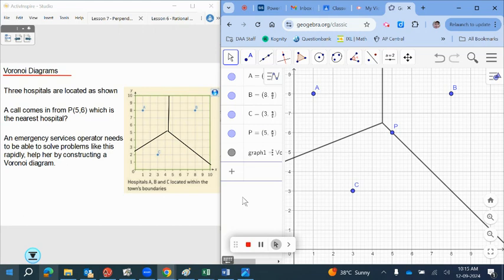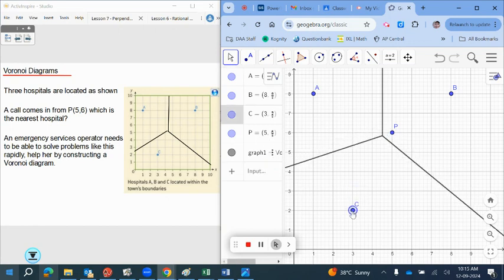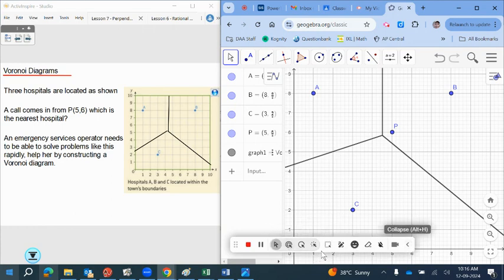Have I got my sites in the right place? I've not got my sites in the right place. This one is at 3, 2. There. So this edge here is the perpendicular bisector of B and C. So let me just get my highlighter pen.